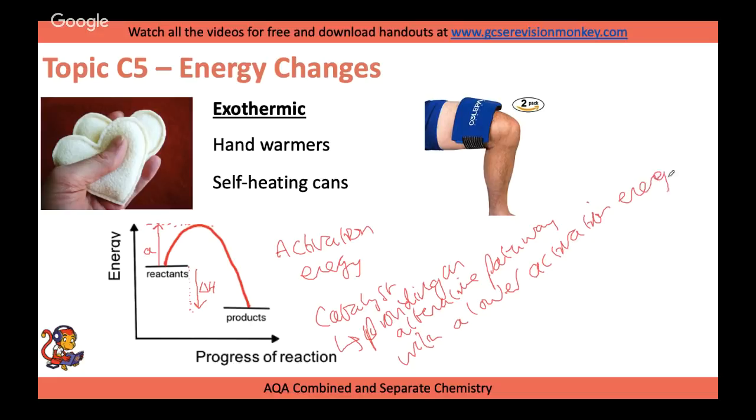So you show this on your graph with a line with a lower activation energy. So it still goes from reactants to products, but it has a lower activation energy than the first one.